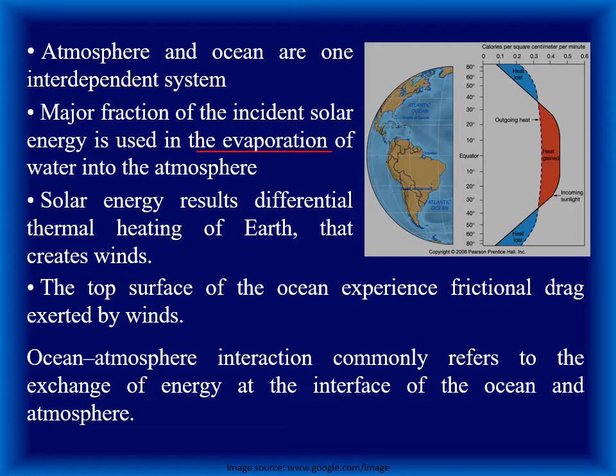Now, we already know that solar energy, when it reaches the Earth's surface, falls at different angles, and also the thickness of the atmosphere varies from the equator poleward. The atmospheric thickness is maximum in the equatorial region, whereas it minimizes towards the polar region.